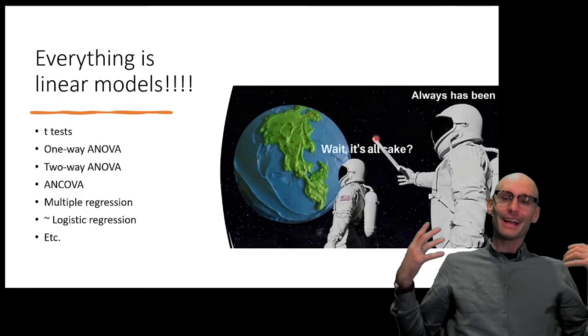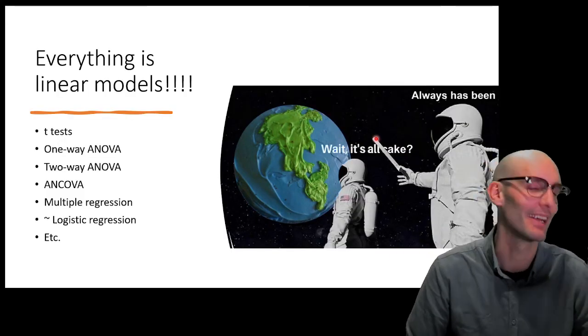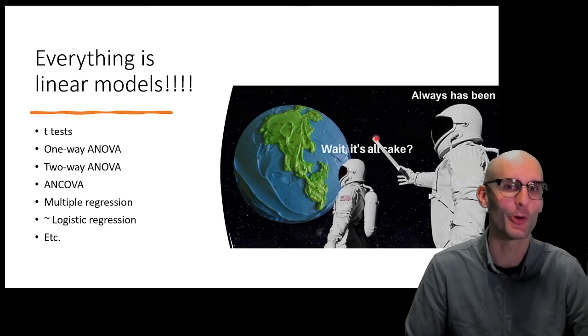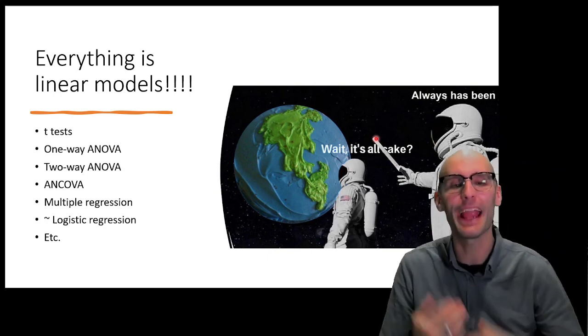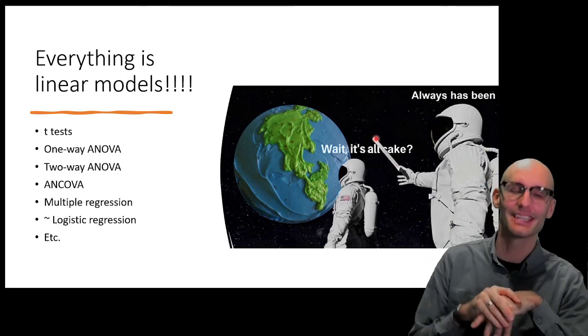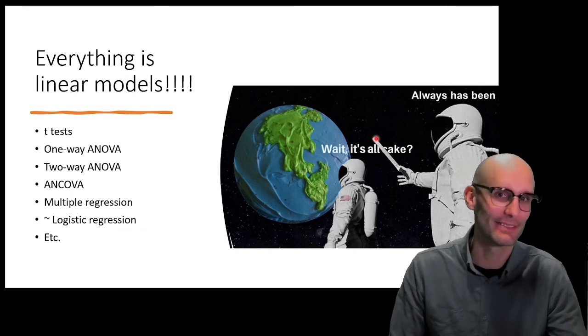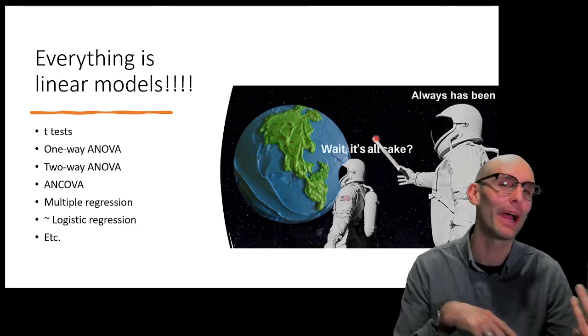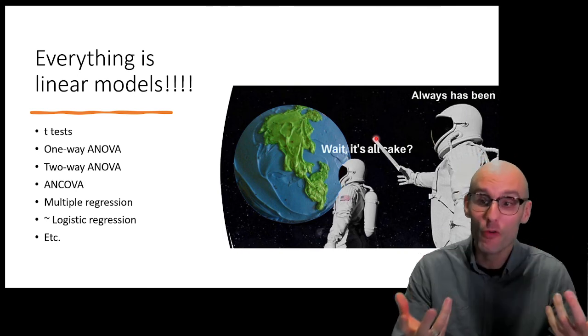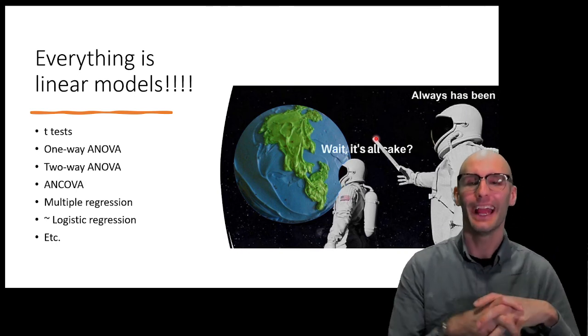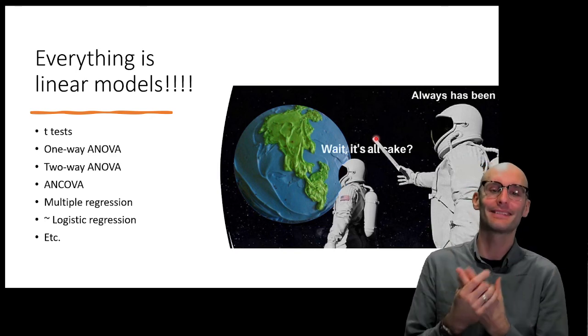But what if I told you everything is virtually a linear model? And this is one of the amazing things that we learn about statistics. Worrying about t-tests, ANOVAs, two-way ANOVAs, one-way ANOVAs, ANCOVAs, multiple regression. It's all a bit silly because it's all exactly the same thing.